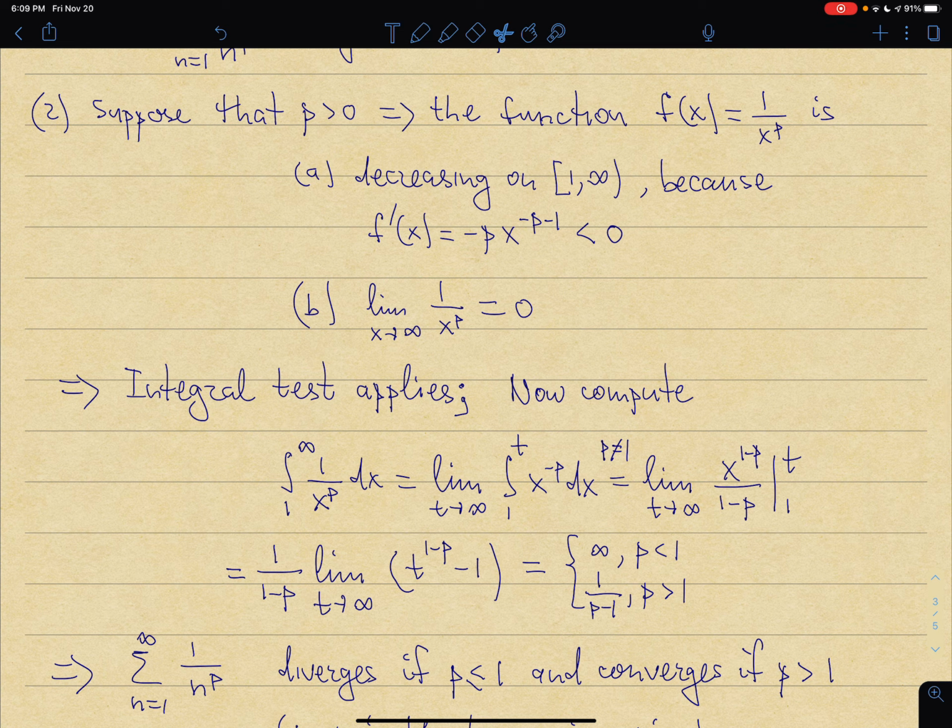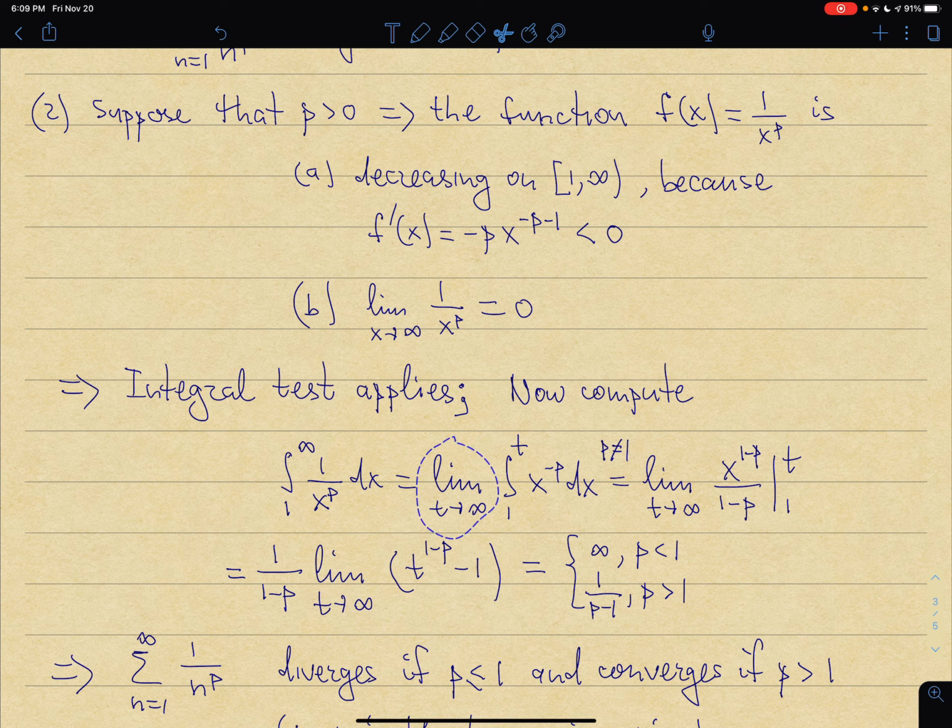The integral test applies, and so we need to compute the integral from 1 to infinity of 1 over x to the p. And we can do that in the same way as we worked out the example of 1 over x squared, with one small caveat. So the integral from 1 to infinity of 1 over x to the p, right, that's an improper integral.